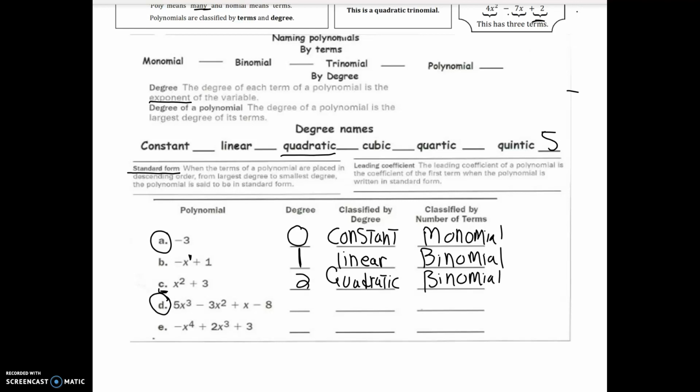So if you'll notice, 3 would be the degree, which gives the name cubic. And how many terms do we have? Well, we have 1, 2, 3, 4 terms. Remember, anytime we go over 3 terms, we are going to call this a polynomial.